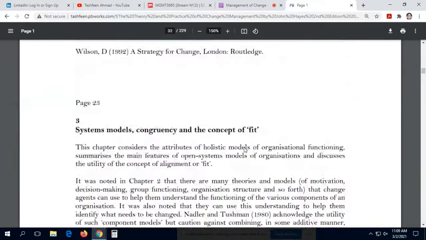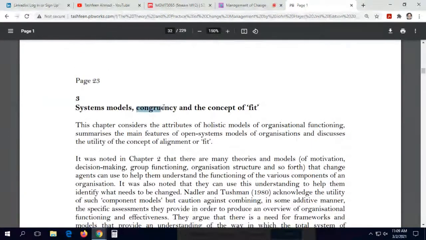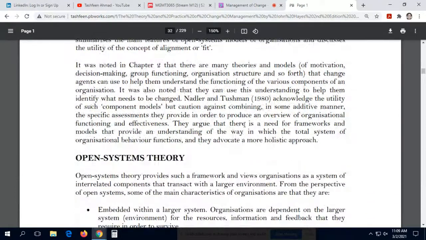Let's go back to the topic of the chapter: congruency, what is congruent and what is not, and the concept of fit. Whatever you learn from the past, in the future, do you fit that in another type of change situation or not? That is the type of thing you would want to think about.